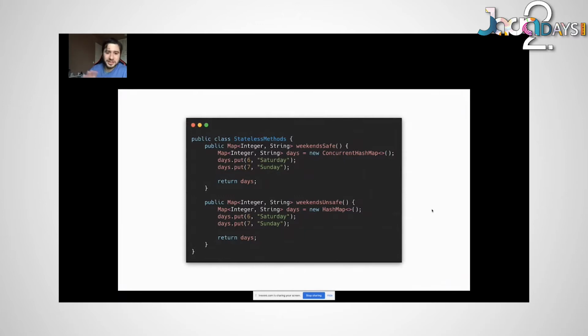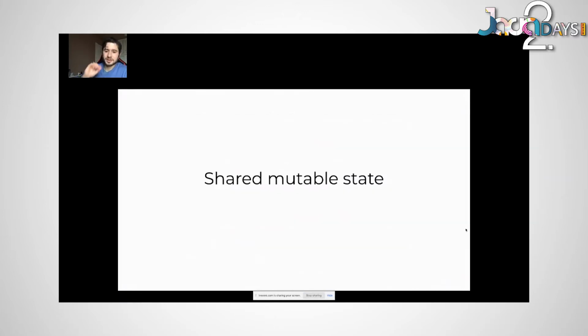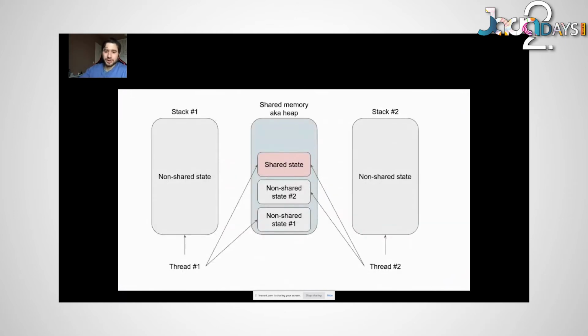And the reason is that when talking about thread safety issues, we have an issue whenever we are accessing shared mutable state. So what do I mean by that? Imagine this schedule graphic here. You have 2 threads which can access different parts of memory.